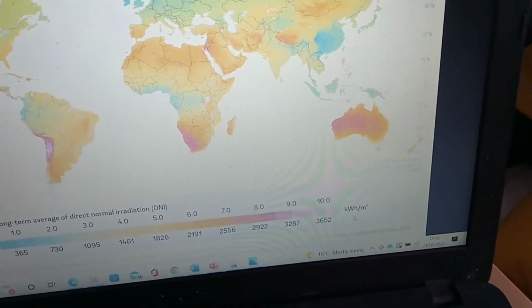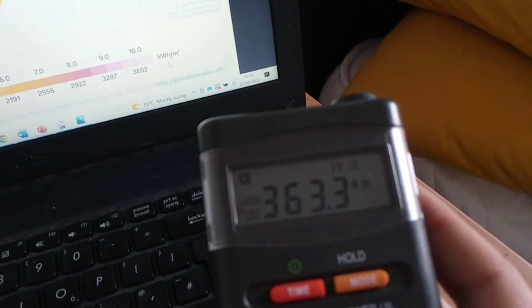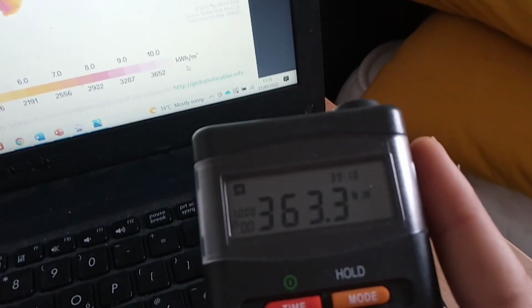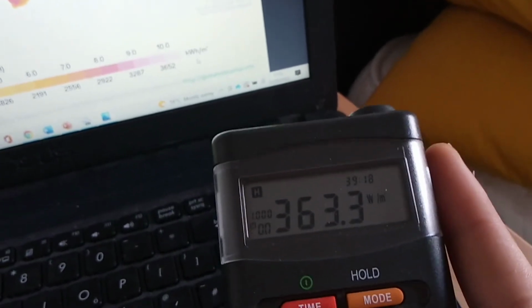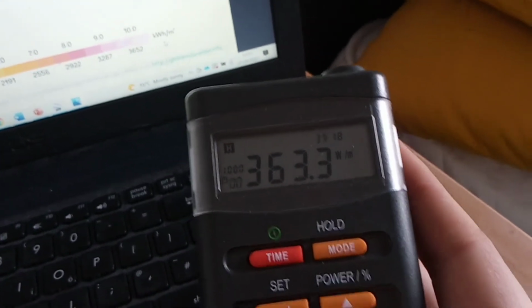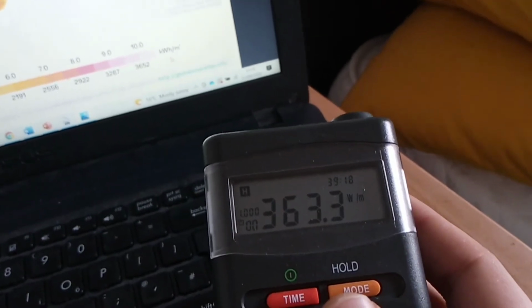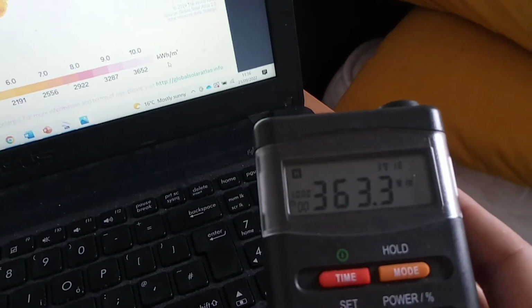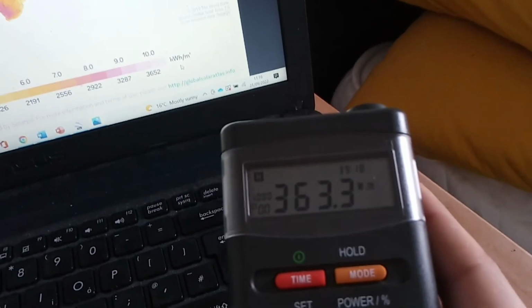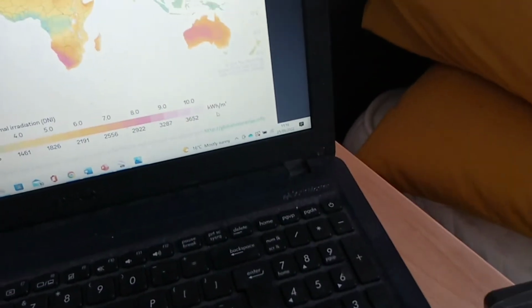Now, this meter, if I was to measure the irradiance in the terrarium now under the halogen, it comes up to something crazy, like 900 watts per meter squared. So I think that is rather strong.